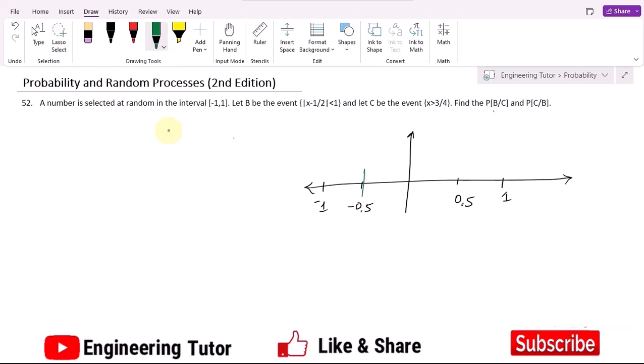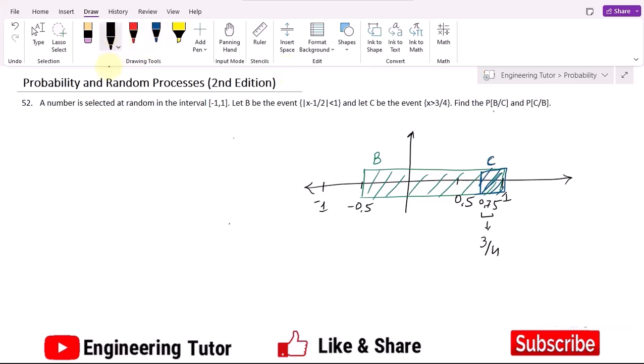It started from here and went to here. So this was the event B. Similarly for event C, we had used the blue color, and it started from this point, where this point is 0.75, or 0.75 is also 3 by 4. It started from here and ended here. So this was the event C.